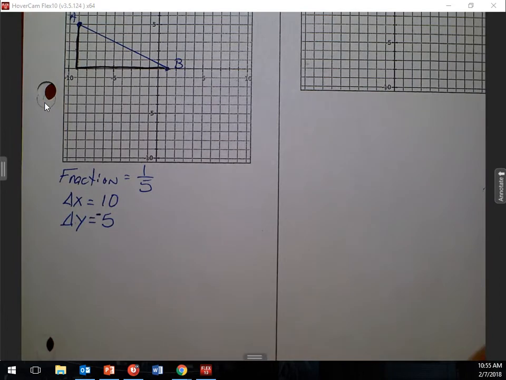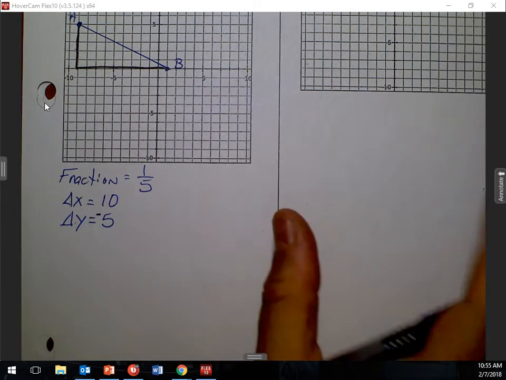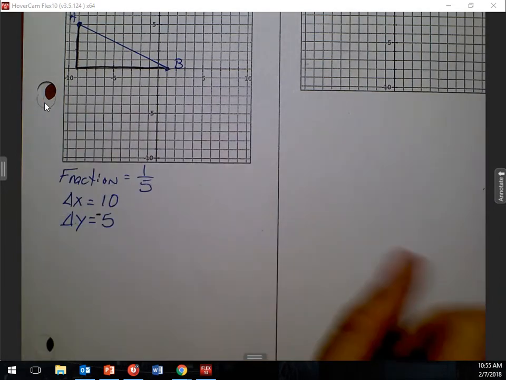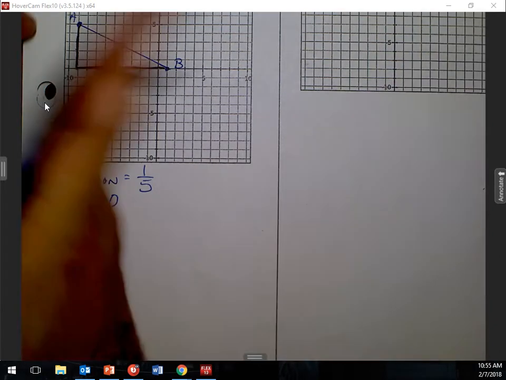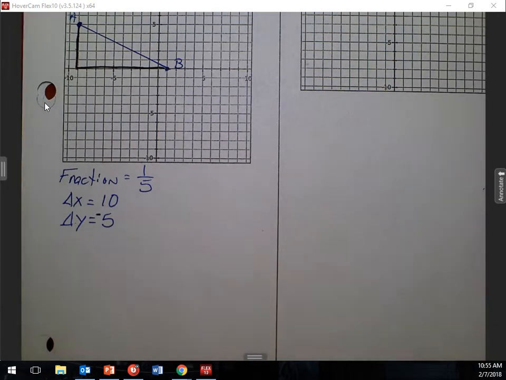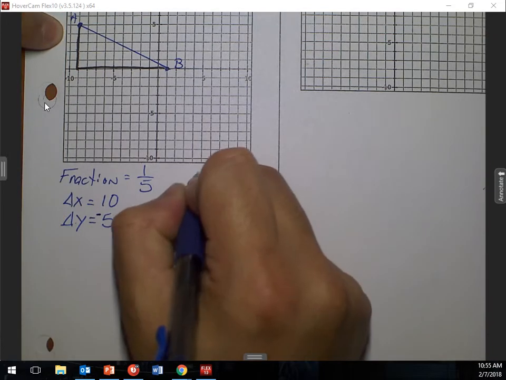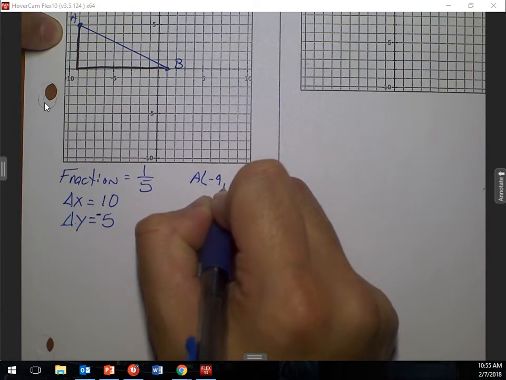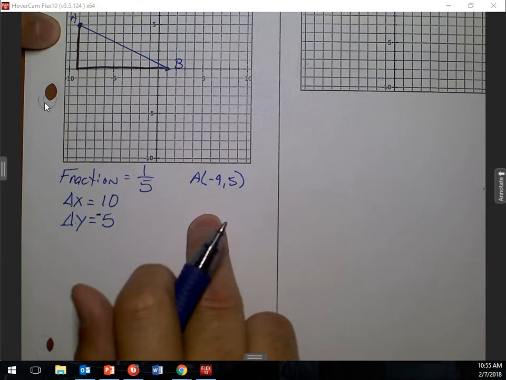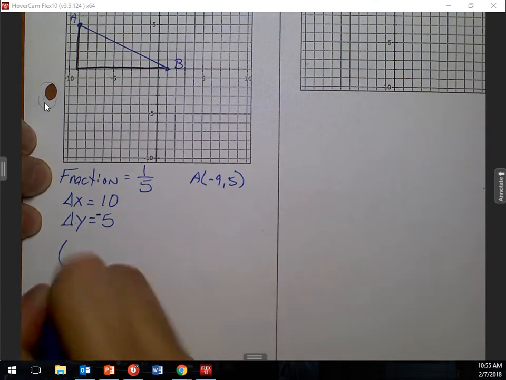Negative 5. Now, from my formula that I gave you guys, we read from left to right. So which point is the first one reading from left to right? Point A, right? So my A, I'll write it right here again, because I had to move the thing down. Negative 9, comma 5. So my formula, parentheses.